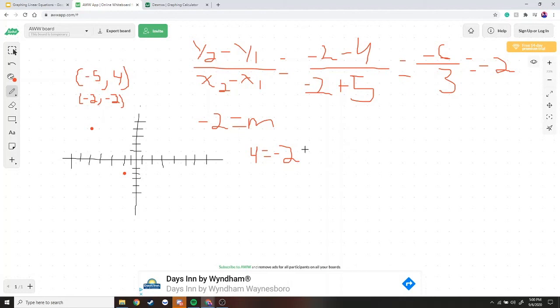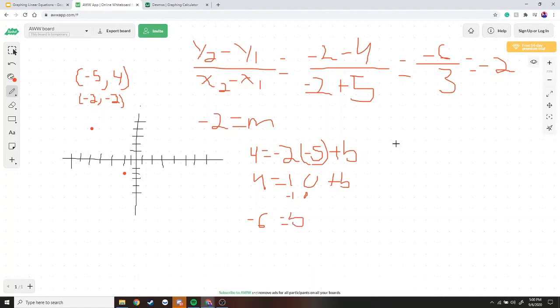Our x is -5 right here, and then plus b. So what we have to do is solve for b. Now, we know that -2 times -5 is just positive 10. So we have 4 is equal to positive 10 plus b. Now to solve for b, we have to bring this positive 10 to the other side. So we're going to subtract 10 on both sides. And that leaves us with -6 as our b.